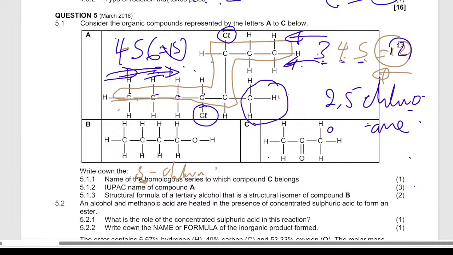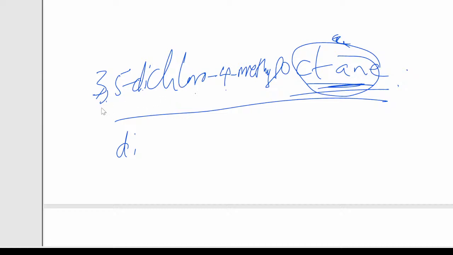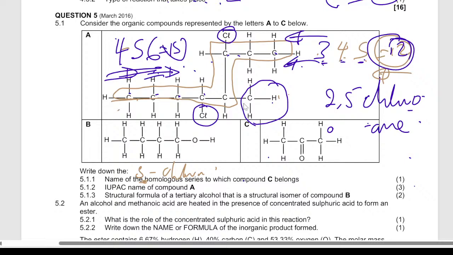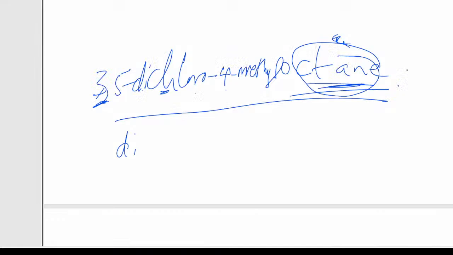So once I get this, now I start to label them. This one is on carbon atom 3, it's a chloro. It's 3 chloro. Then the second chloro is on carbon atom number 5. That's why I come here and say 3, 5.